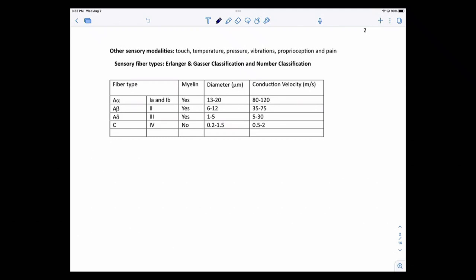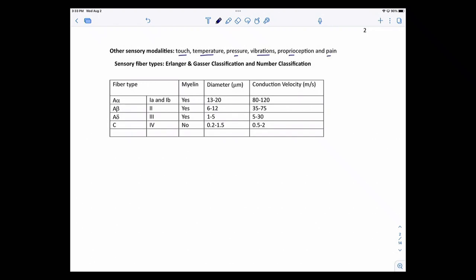So lots of different sensory modalities: touch, sensation of temperature, pressure, vibration, proprioception. One type of proprioception is where you are aware of your body position of your extremities. So if your arm is up or down, you don't have to look at your arm to know where it is. You just know where it is. So that would be called conscious proprioception.